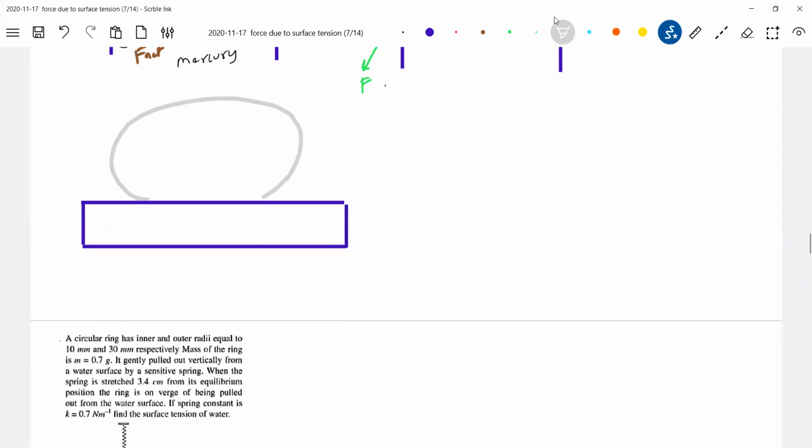It will not wet. Okay, able to understand? Everything here is mercury, and I'm showing only the free surface. Then the molecules you have to show like this. These are the molecules.